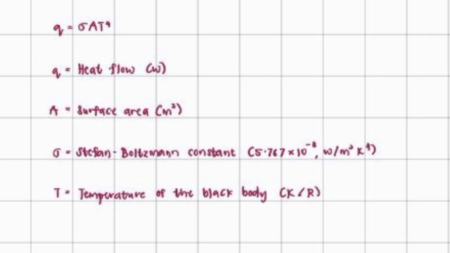The radiation equation has numerous practical applications in engineering, science, and daily life. It is widely used in designing and analyzing heating and cooling systems, such as radiators and heat exchangers, to optimize energy transfer. In building design, it helps estimate heat loss through walls, windows, and roofs, allowing engineers to develop effective insulation systems.